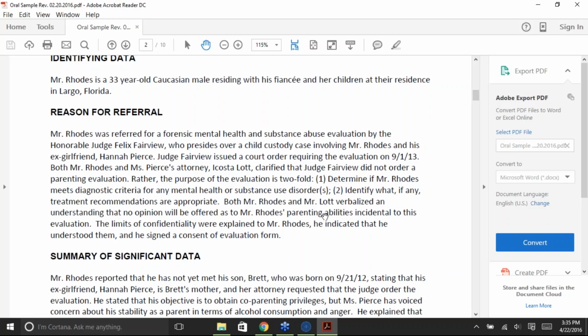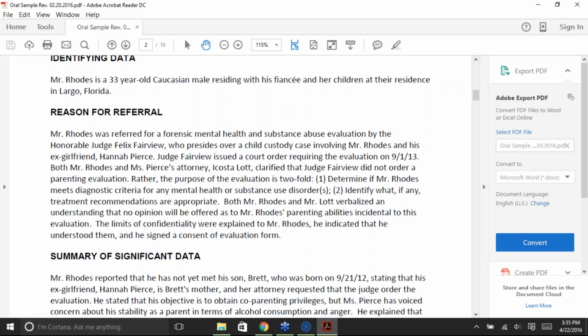So I'm actually doing sort of a glorified or expanded clinical evaluation. It's connected to a court case. Essentially, as you're going to see in a moment, the ex-girlfriend was saying, my ex is crazy and shouldn't have any custody or visitation rights for our son. And so the judge wanted to find out if that was true or not. That's a way to paraphrase kind of what's going on here.